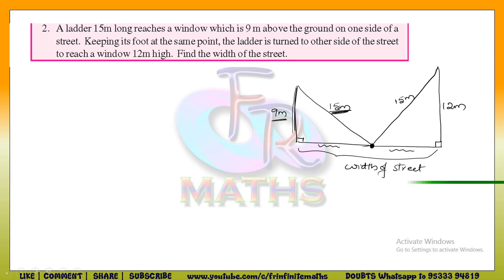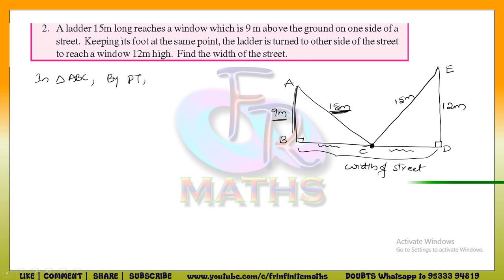So from this, clearly we need to apply Pythagoras theorem twice. First of all, I am going to consider this particular triangle as ABC, then automatically this is CDE. Now in triangle ABC I am applying Pythagoras theorem.